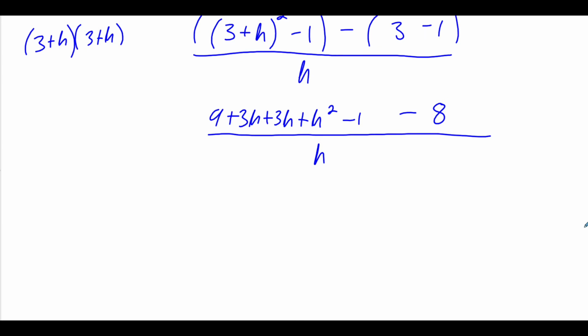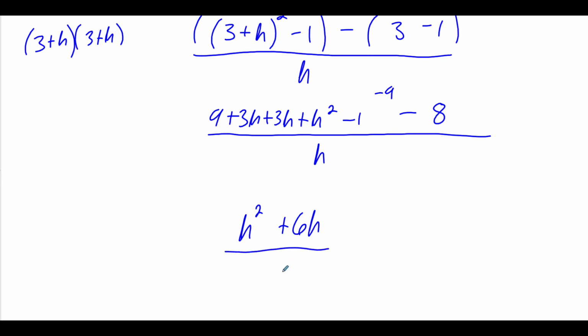Now I want to work on simplifying some things down and maybe rearranging things a little bit. On top, as I look at combining some of those like terms, I've got h squared. 3h and 3h is going to give me 6h. On the back end, with that negative 1 and that negative 8, that's going to be negative 9. And if I combine that with the 9 in the front, those are going to cancel each other out.